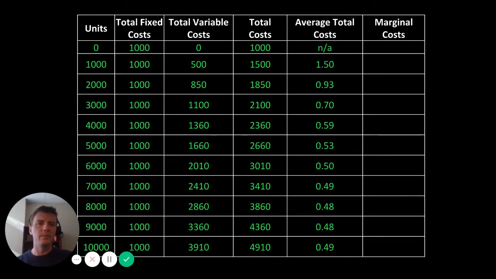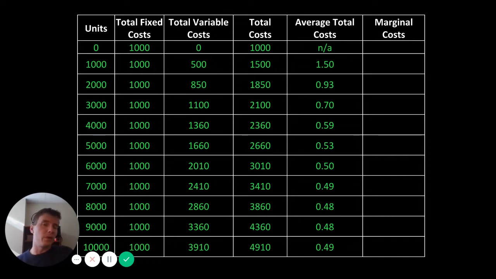In row 3, our average costs are 93 cents per unit, dividing the total costs of 1,850 by 2,000. In row 4, we have average costs of 70 cents per unit, dividing $2,100 in total costs by 3,000 units of production. And we can go row by row and fill out average total costs.